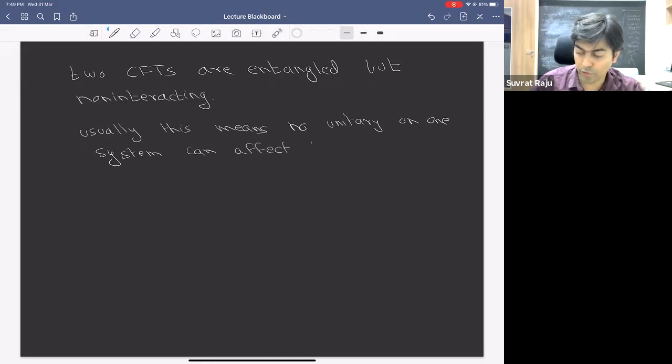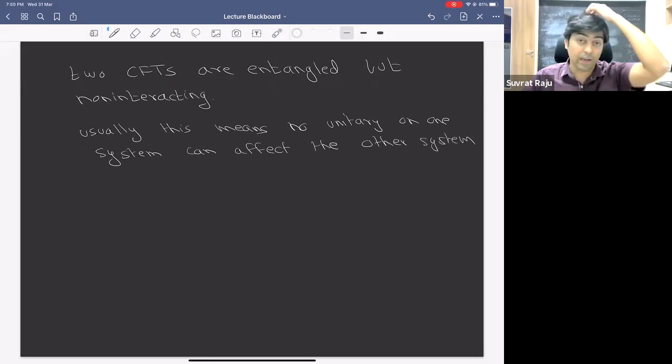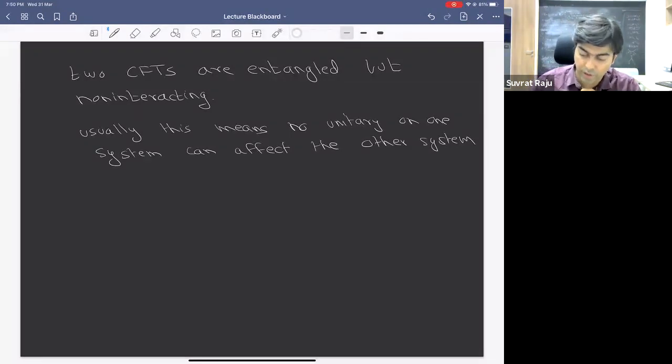So that's what we usually say, and that's true here as well. Of course, maybe I shouldn't write usually. This is true for entangled systems, and it's true here as well, right?